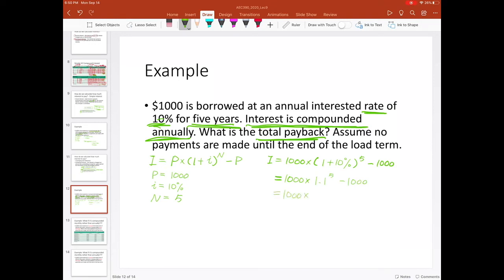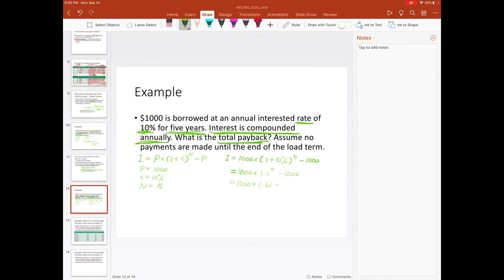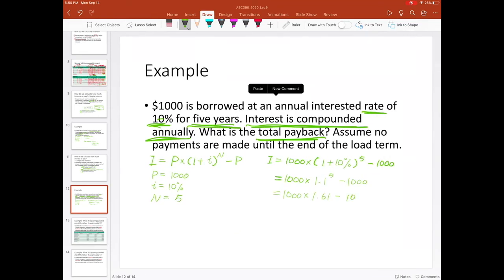And what is 1.1 to the power of 5? Let me use my calculator. So 1.1 to the power of 5 is 1.61. Do the calculation on your calculator, see if you get the same answer. Minus 1,000. So it's going to be 1,610 minus 1,000. It's going to be 610. So that's your total interest.